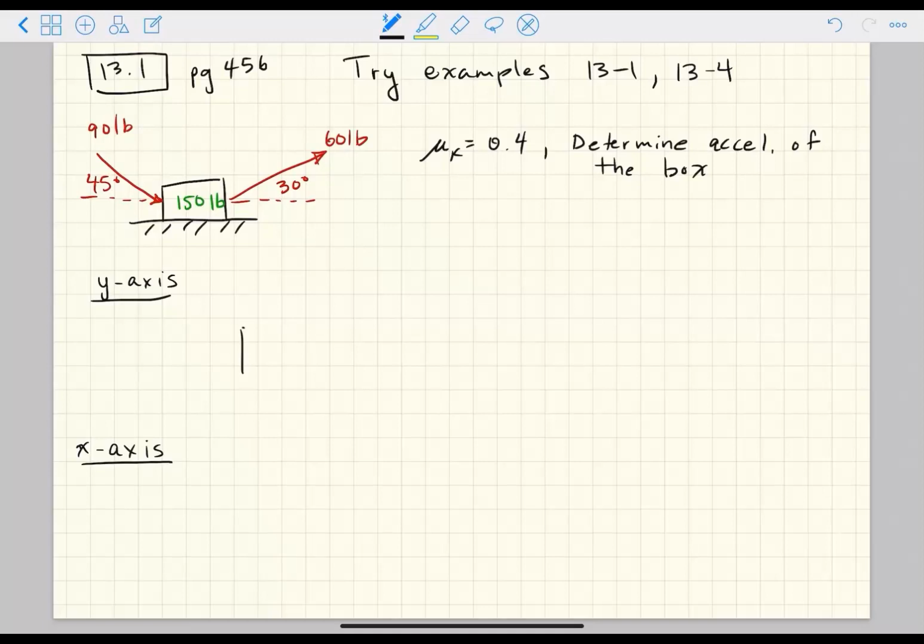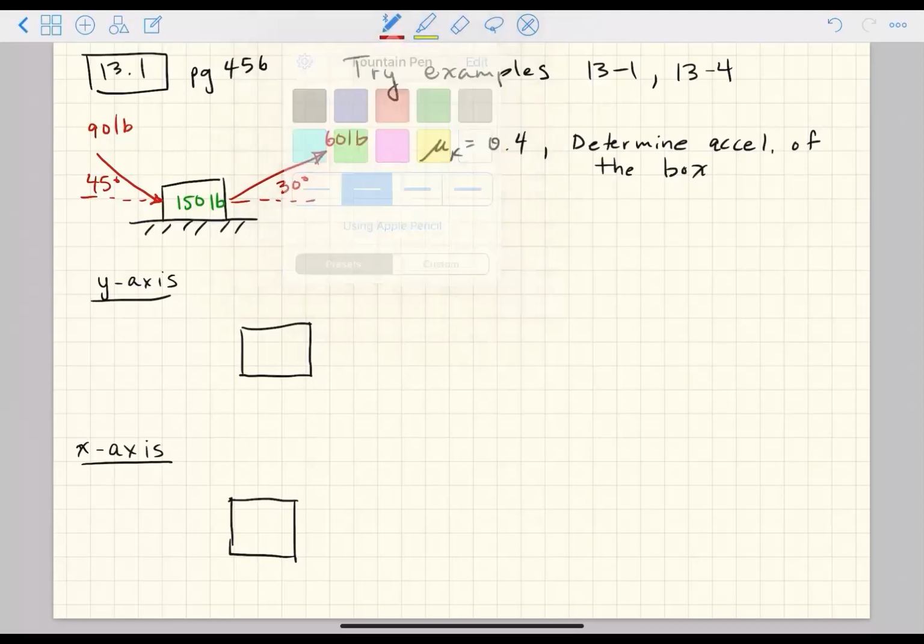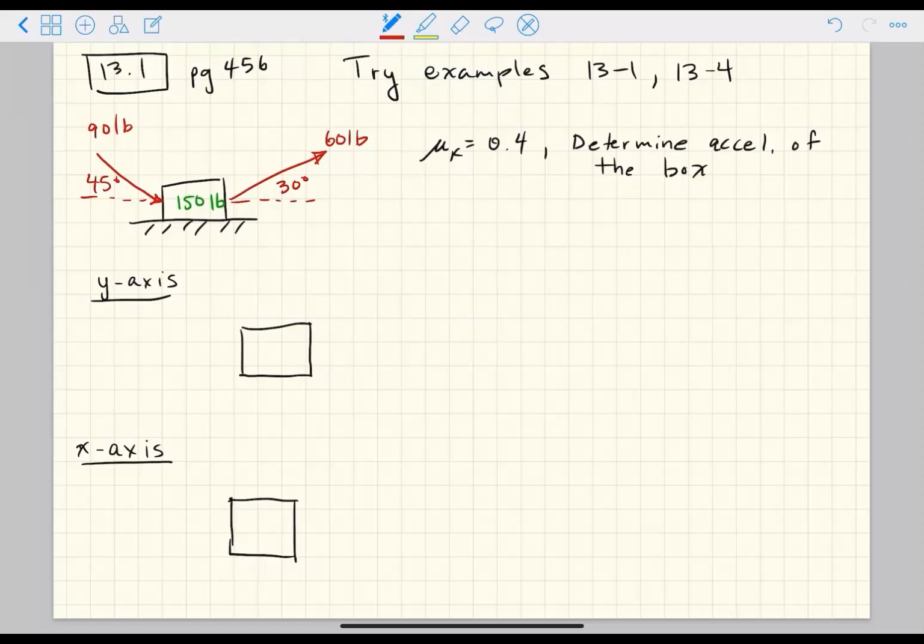So in the first diagram, we have our mass. Second one, again, we have our mass. Okay, and we're going to show all of the external forces. So vertically, we have 150 pounds. Now remember, that is a weight, and so that is a force being applied vertically in the downwards direction of 150 pounds.